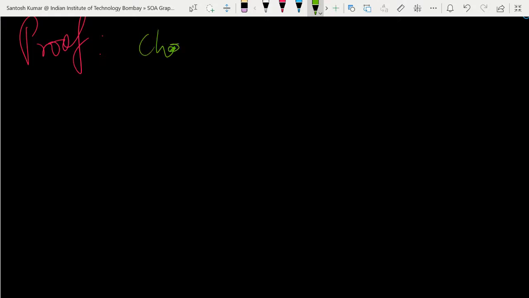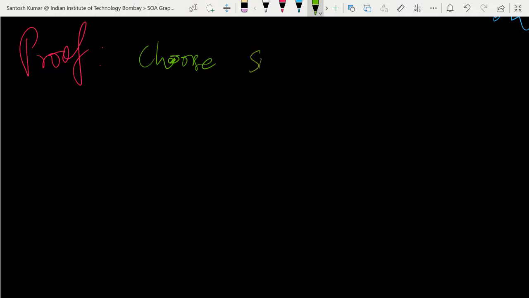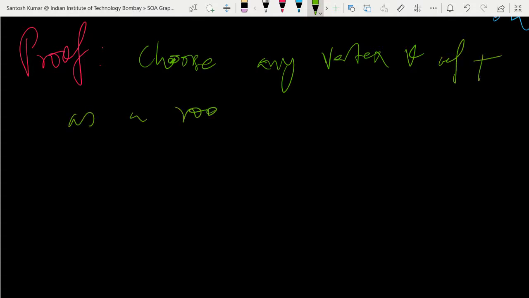So you can choose any one vertex as a base, or you can say root. Choose any vertex small v of T as a root.